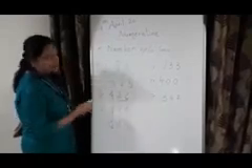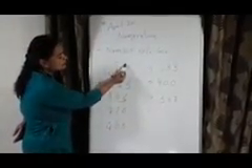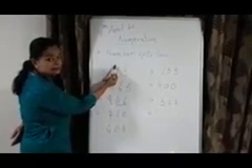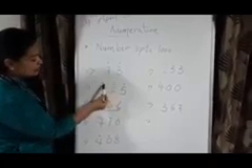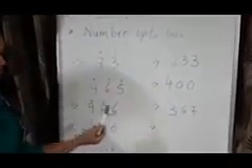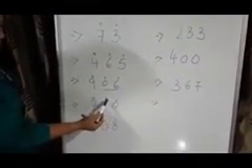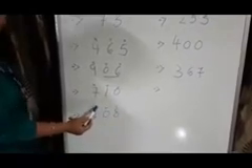When I am reading this number, how do I read? Can you see these tiny letters here? This is ones, tens, hundreds. Ones, tens, hundreds.